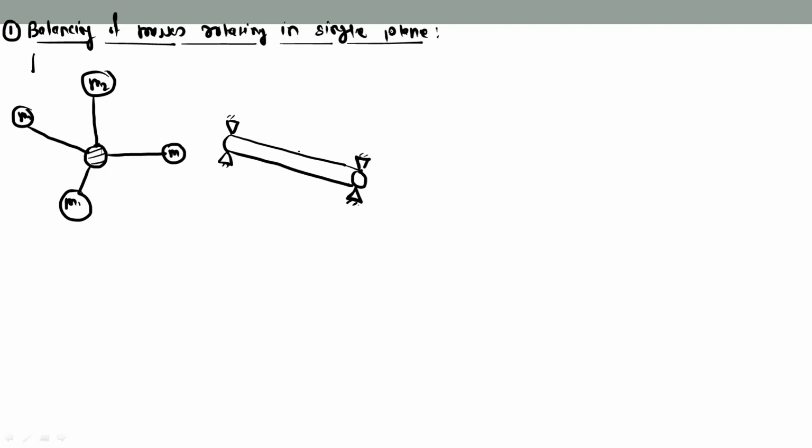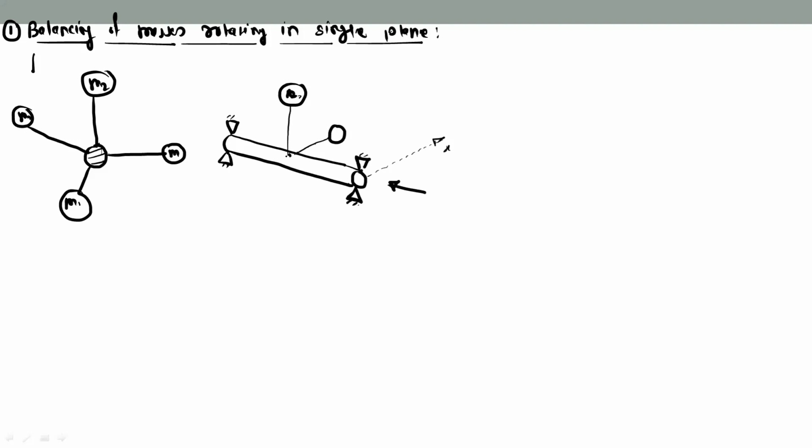Okay, so the first mass, this is the first mass at an angle 0 if you observe from this direction. This is the reference axis, so this will be the x-axis, and this is the vertical axis, that is the y-axis. The second mass is exactly in the y direction, so this is M2.